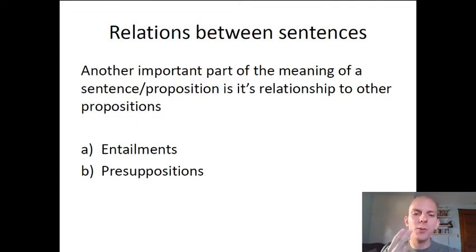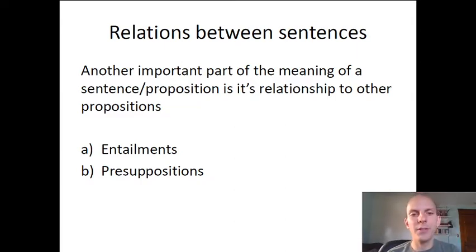We're going to look at two particular relationships that propositions can hold with one another. So we're going to be looking at pairs of sentences a lot, an A sentence and a B sentence. And the two types of relationships we find here are entailments and presuppositions.